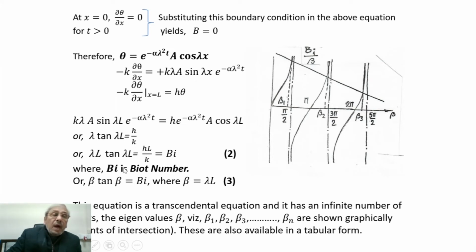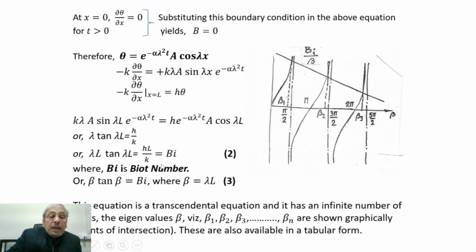I mentioned Biot's work in the introductory lecture. Anyway, this is the Biot number.